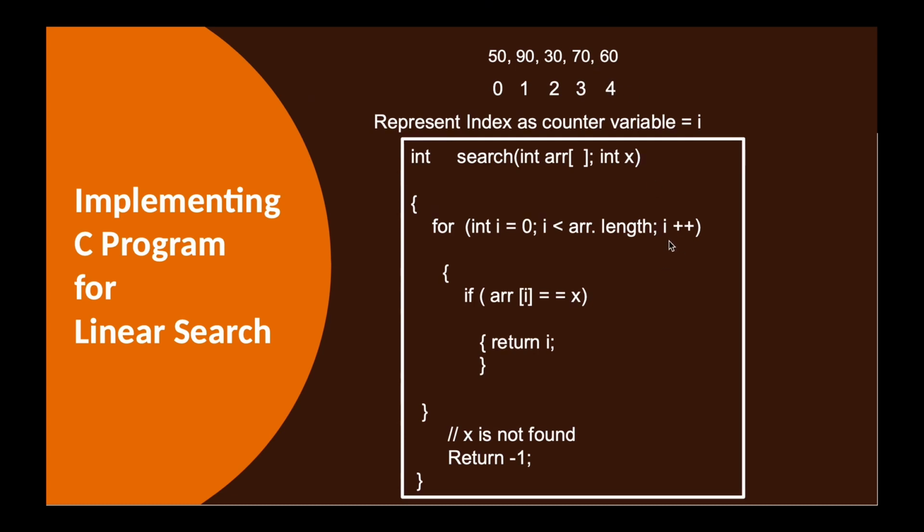So I am telling my program that when you are searching for the element in the array, please start from this place. But if you don't see the element here, then please move to the next one.